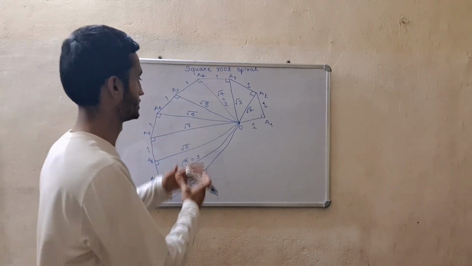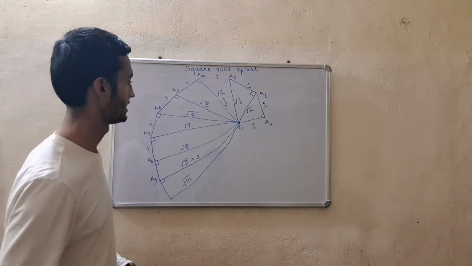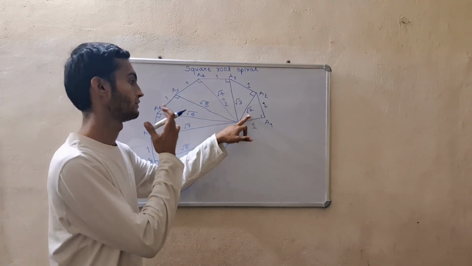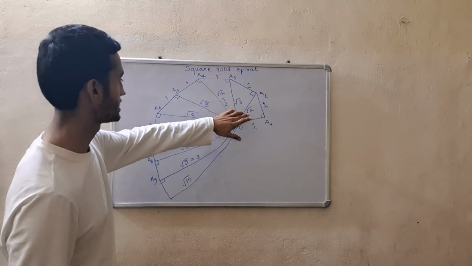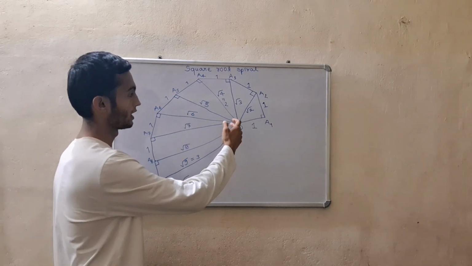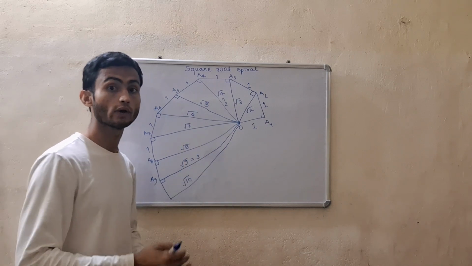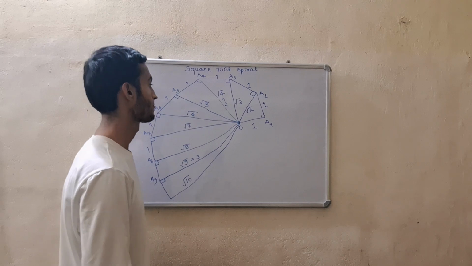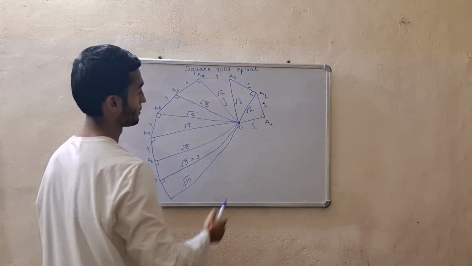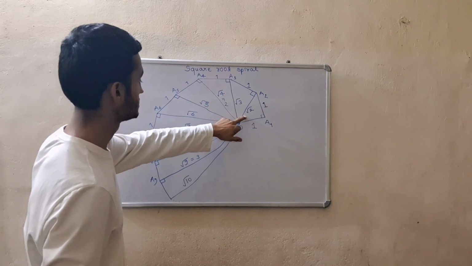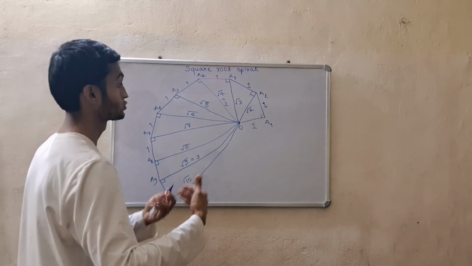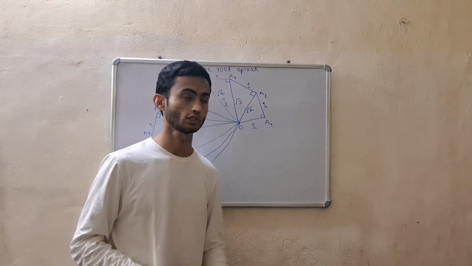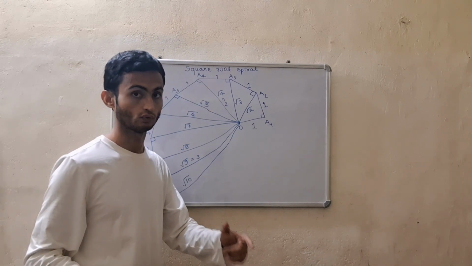So let me explain what's going on. As you can see, we started with square root of 2 as our first irrational number. And then as we progress, we are getting the square root of the next consecutive positive integer. So each hypotenuse is the square root of the next consecutive positive integer, starting from square root of 2, not from 1.